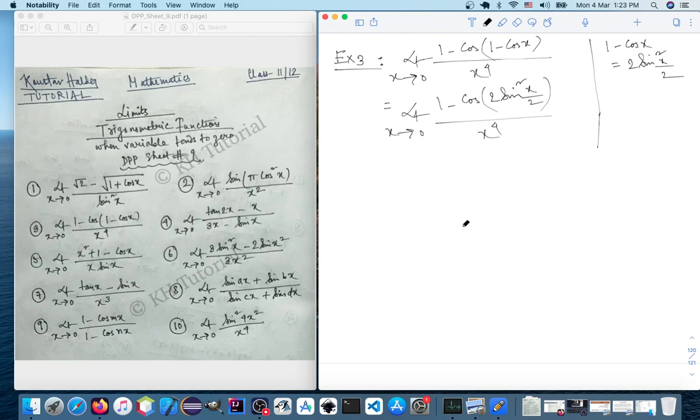And then we can again apply that formula. And we get this as 2 sine square, 2 sine square x by 2 by 2.